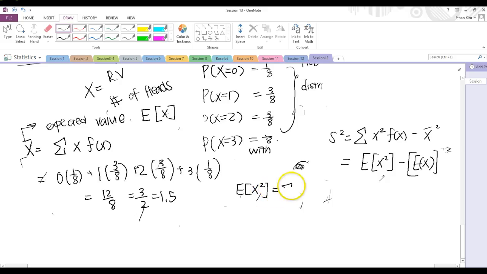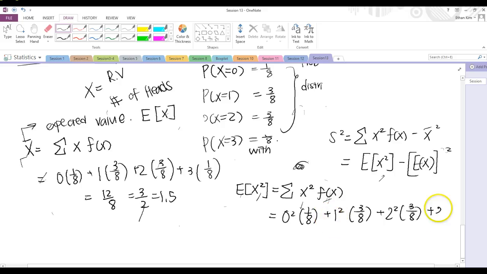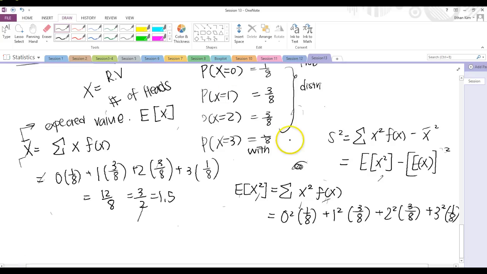We're summing up x squared and multiplying by the frequency, so 0 squared times 1/8 plus 1 squared times 3/8 plus 2 squared times 3/8 plus 3 squared times 1/8. Okay? And if you add these up, you will get 24/8, which is 3.